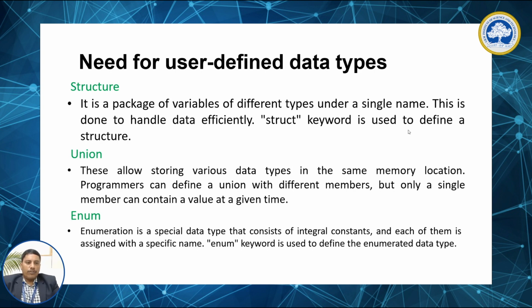Next, we move on to the union. This also allows storing various data types, like a structure, but all the members occupy the same memory location. The programmer can define a union with different members, but only a single member can contain a value at any time.